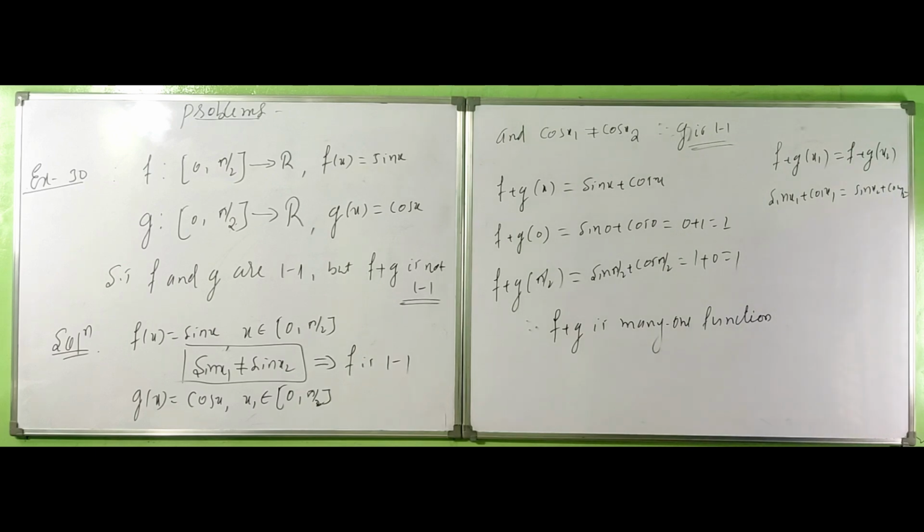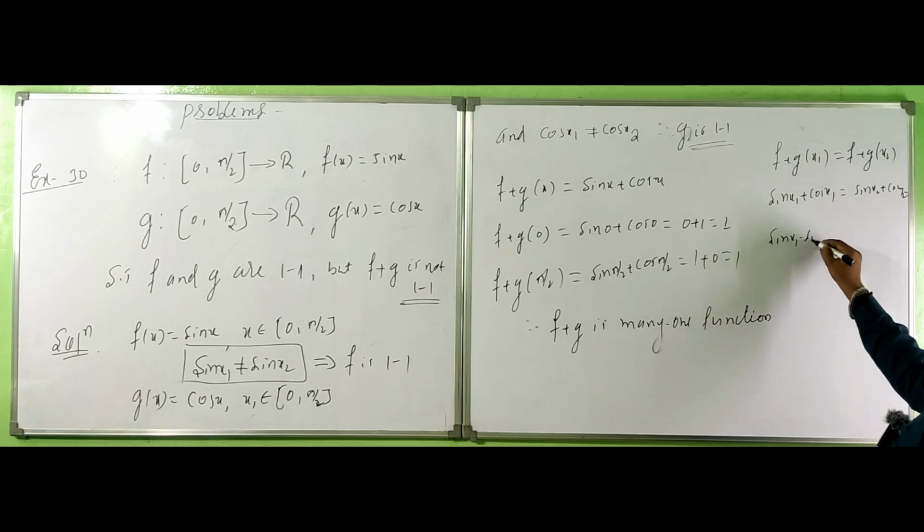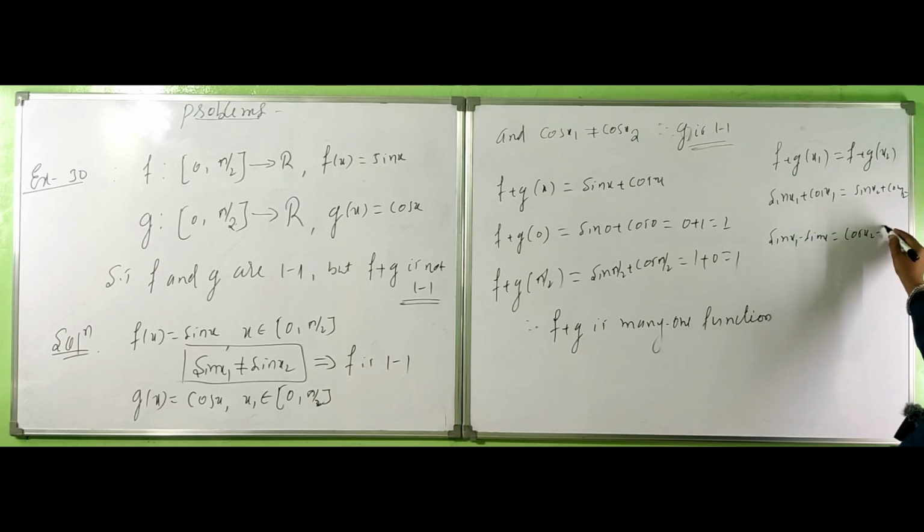I have to show x1 is equal to x2. I am trying a trial and error method. So sin of x1 minus sin of x2 is equal to cos of x2 minus cos of x1.